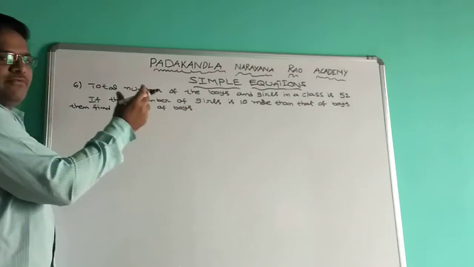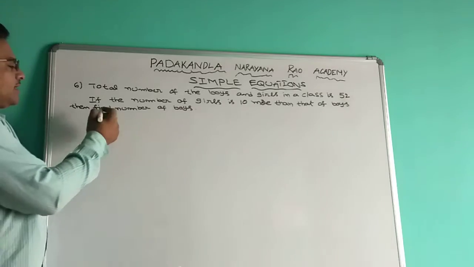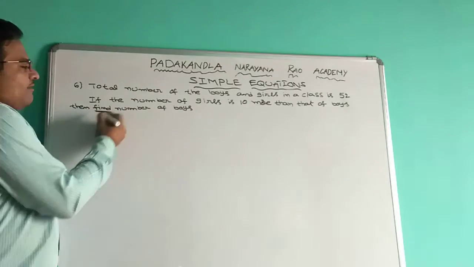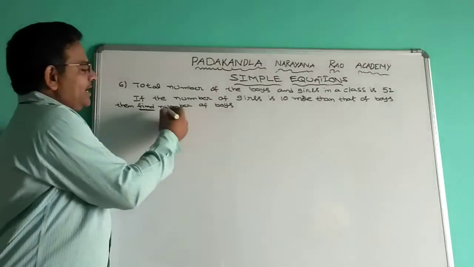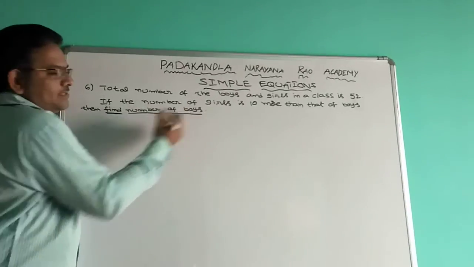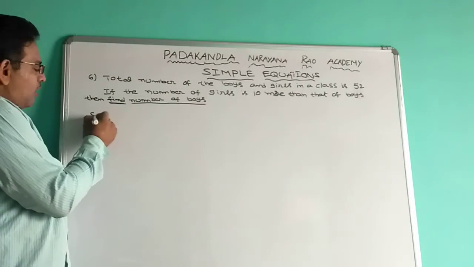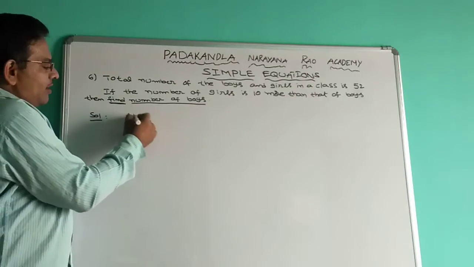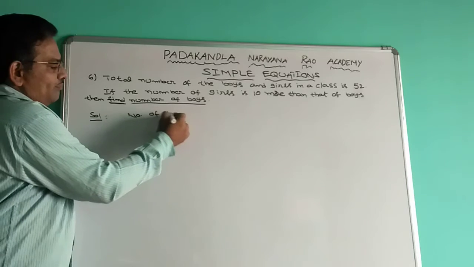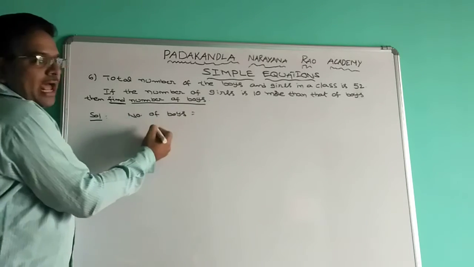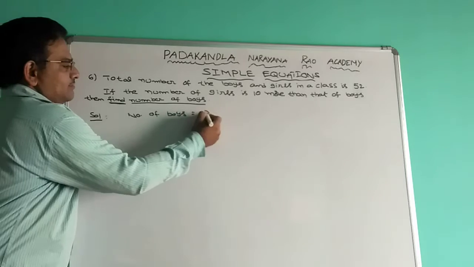Always when this type of question is given, concentrate on what to find. Here, find the number of boys. So first take the number of boys. The number of boys I don't know, so you consider it as x.